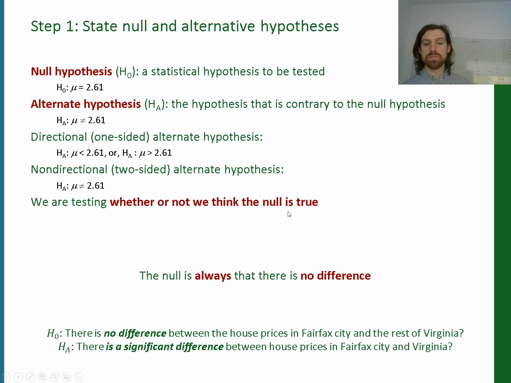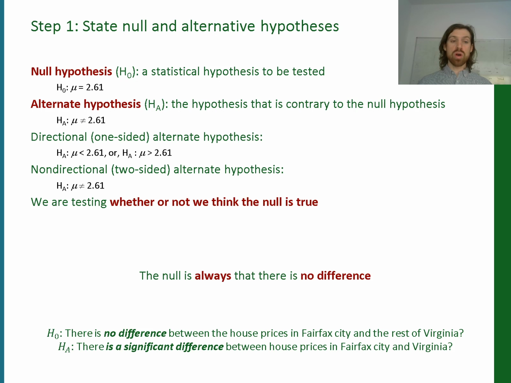Okay. So within all of these tests, we are essentially looking at whether or not we think the null is true. And the null hypothesis is always that we expect there to be no difference between the sample that we have and the total population. I've provided you with a little snippet for that example, which I've already discussed down here. So the null hypothesis for the house price example is that there would be no difference between the house prices in Fairfax City and the rest of Virginia.